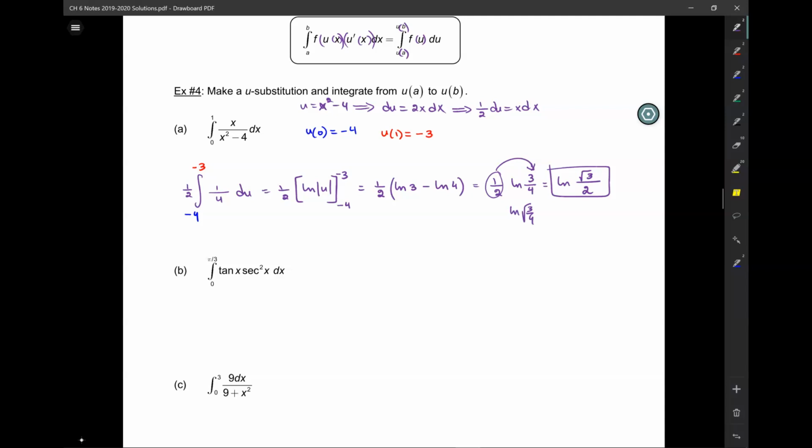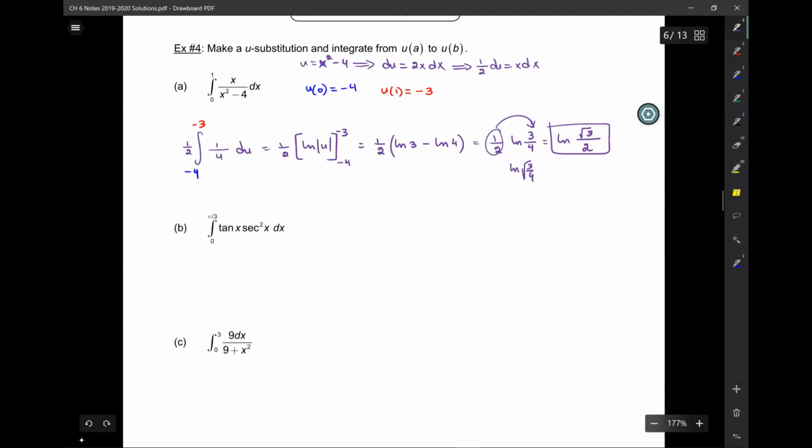I do it this way now. Maybe in another couple of years, I'll change back. It really makes no difference. Maybe this is more straightforward. I don't know. It's all the same to me. So you would just do 1 over x squared minus 4. It'll be ln of x squared minus 4, from 0 to 1. You get the same exact thing.